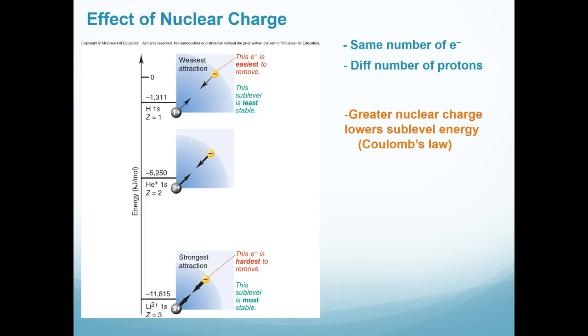A greater effective nuclear charge is going to be more stable or lower in energy according to Coulomb's law. So it's going to take a lot more energy to remove a 1s electron from helium with a plus charge than hydrogen. That's because helium plus has a greater effective nuclear charge. It's being held more tightly by the nucleus.